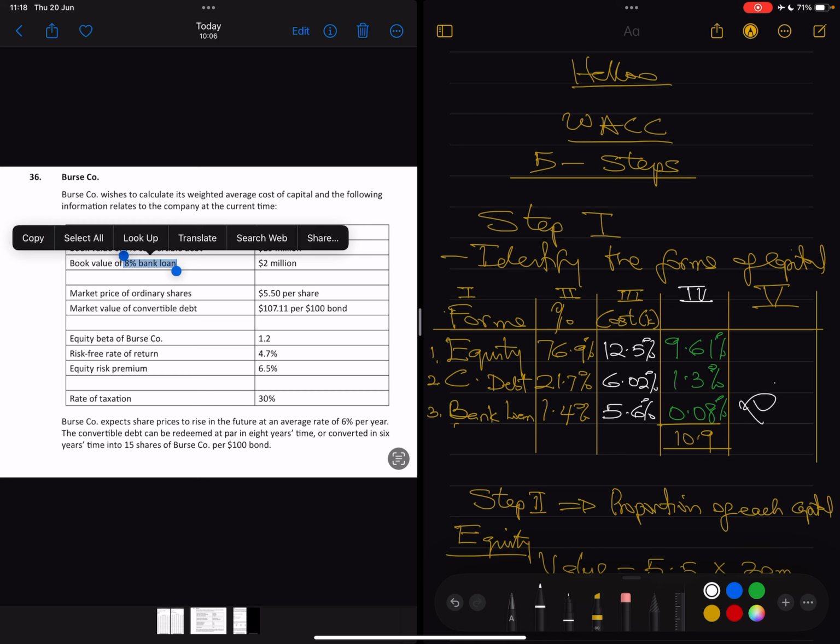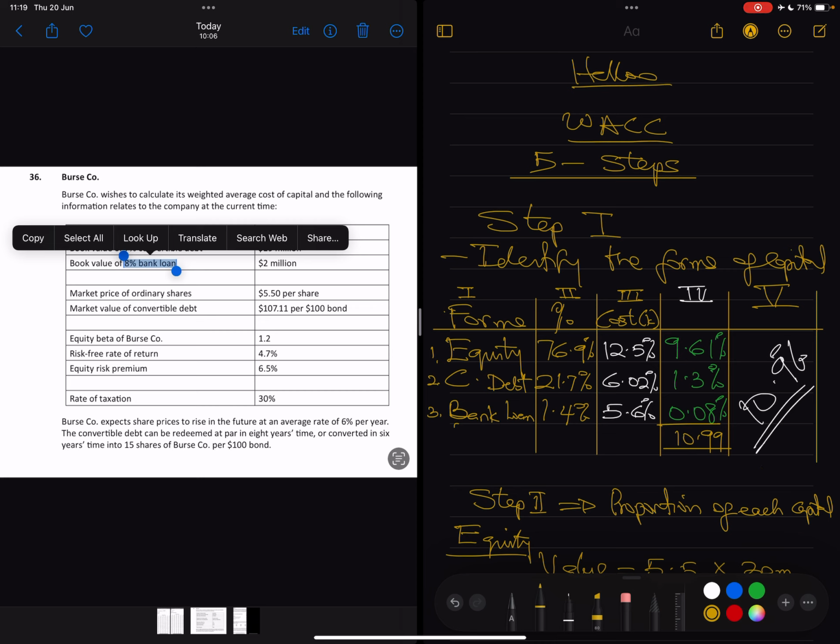Your WACC is 10.9%. Easy. So the WACC for BURSE is 10.9%, which you can approximate to 11 because 10.99 is what I have here. If you add everything together, it gives you 10.99, which is like 11%.